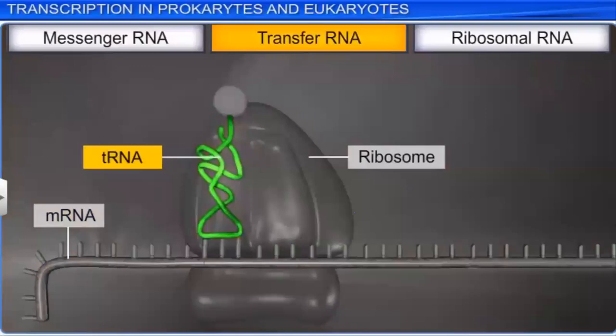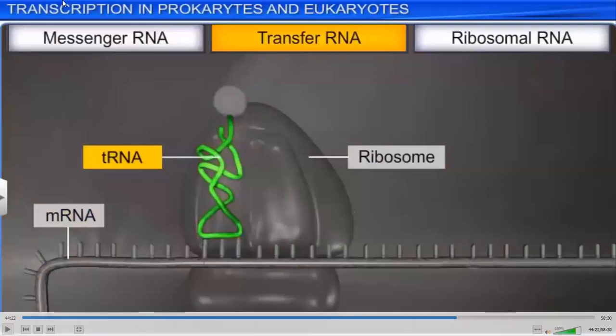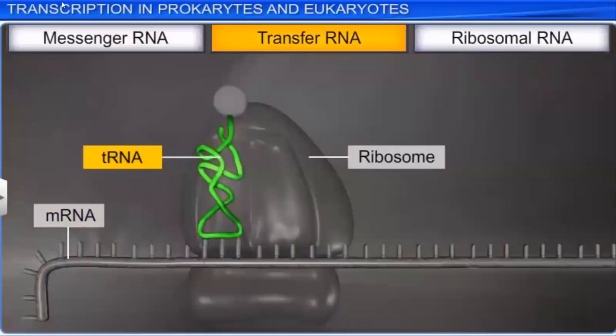What you see here, this long chain kind of thing, is mRNA. You can see the name mRNA written here; this chain is mRNA. And these nail-like things are nothing but the codes, the nucleotides, I mean the nitrogenous bases.